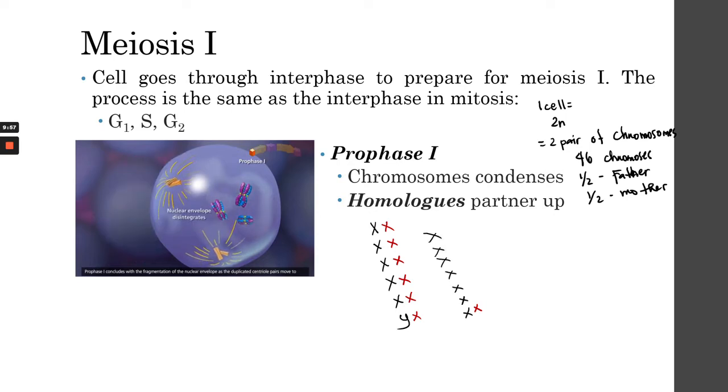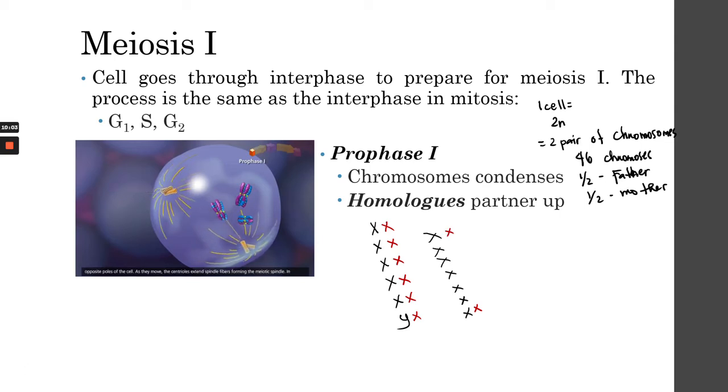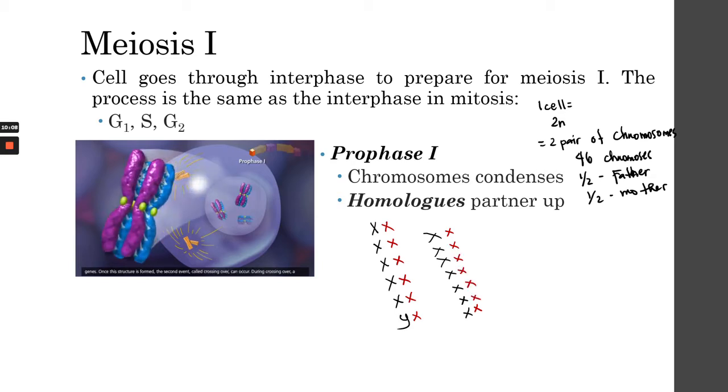So imagine this line as the chromosome that comes from the father, and the red chromosomes are the chromosomes that come from the mother. So these pairs actually line up. And in meiosis 1, that's actually what we want to separate.